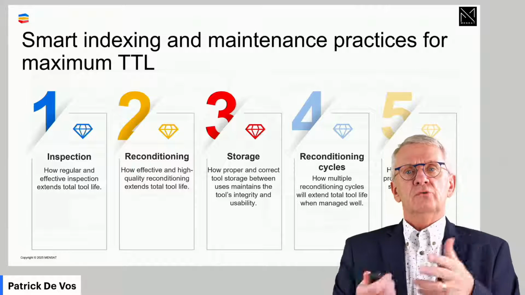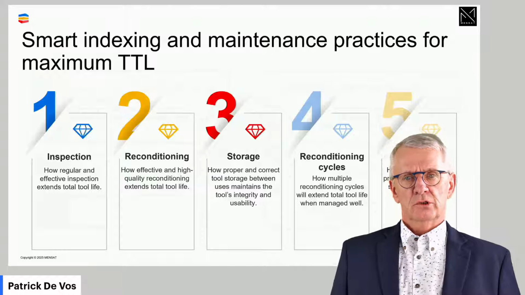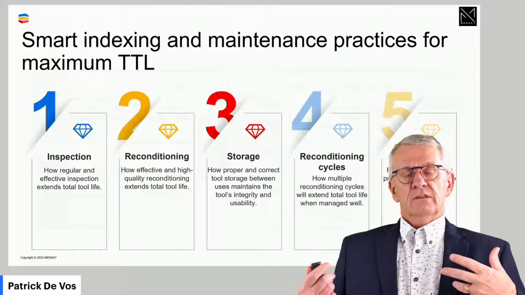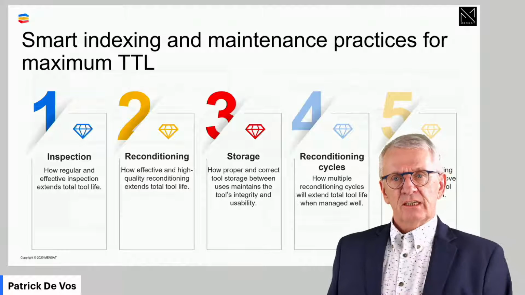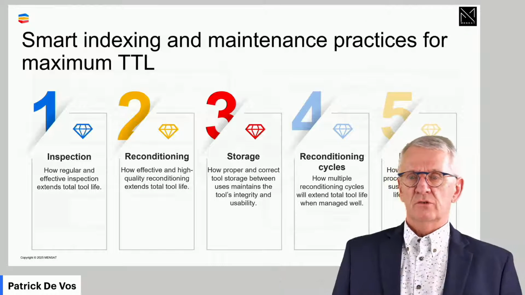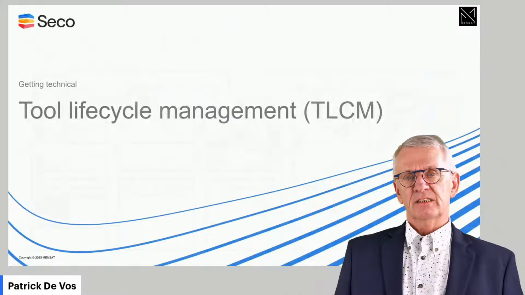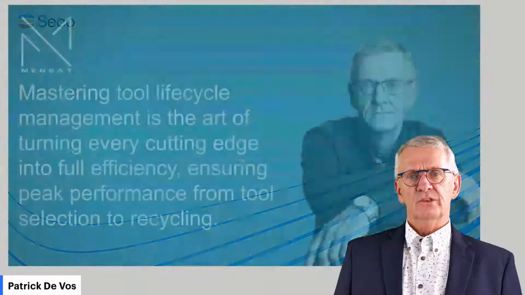Or do we do it in a professional way, so that quality is guaranteed? How do we store tools? How do we do the total reconditioning cycles altogether, not just once, but over the total lifespan of a tool? And recycling, what are the guidelines for recycling? These are five things that are very important.